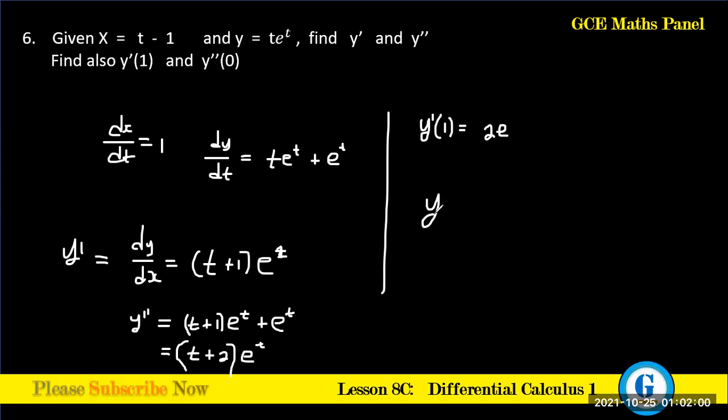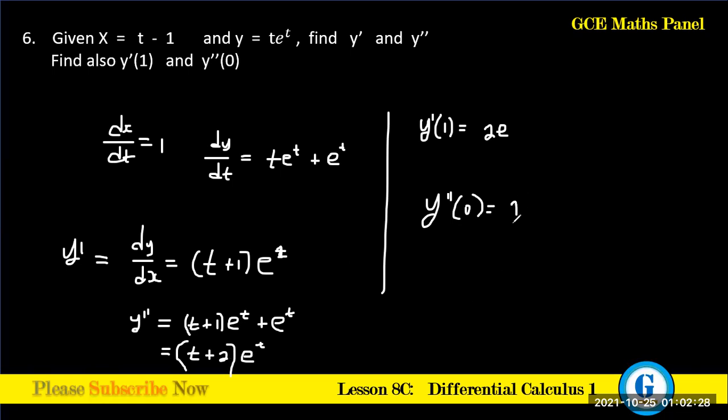And what will be y prime prime of 0? So when t is equal to 0, we are going to have, with the second function, 2 times e to the power 0.